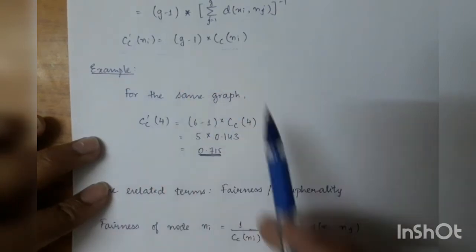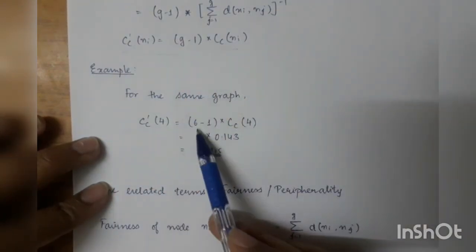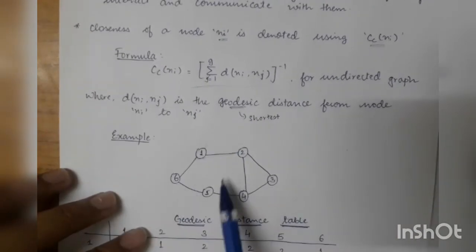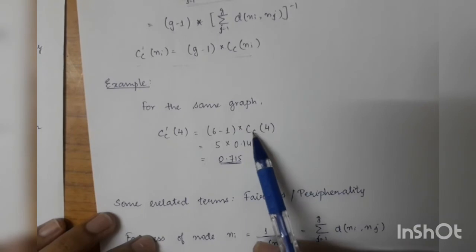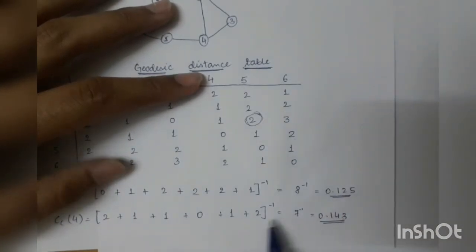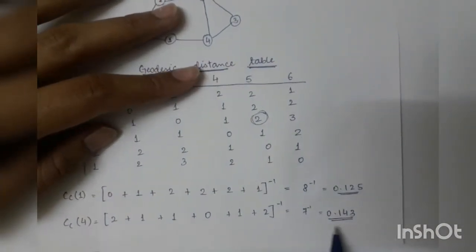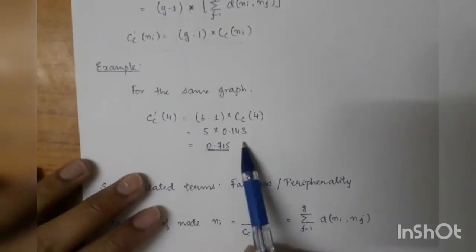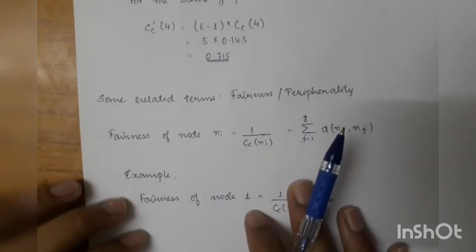The number of nodes in the graph was 6: 1, 2, 3, 4, 5, 6. So 6 minus 1 into closeness centrality of 4. We had found in the previous example that the closeness centrality of 4 was 0.143. So I've just substituted these terms here and I've got the standardized closeness centrality.